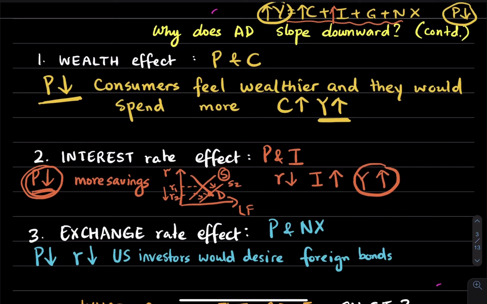So money would flow outside of the United States, and the demand for the US dollar is going to fall. And as the demand for the US dollar falls, the real exchange rate depreciates.